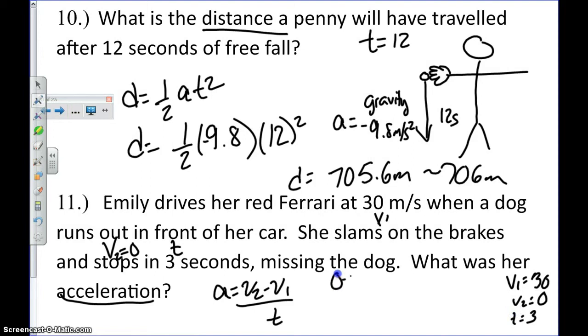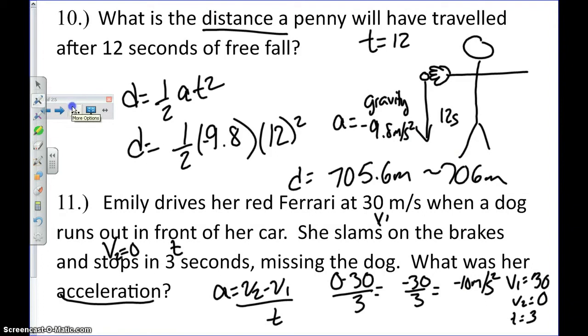So I have 0 minus 30 divided by 3, which is going to equal negative 30 over 3, which equals negative 10 meters per second squared. So this is a deceleration of negative 12 meters per second squared. That's how fast you have to brake in order to not hit the dog.